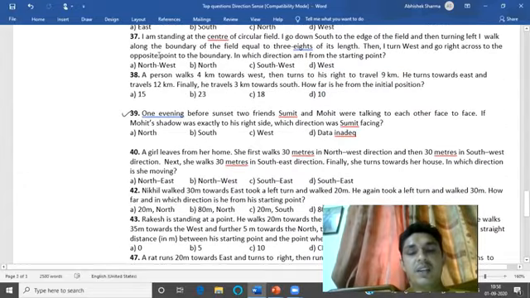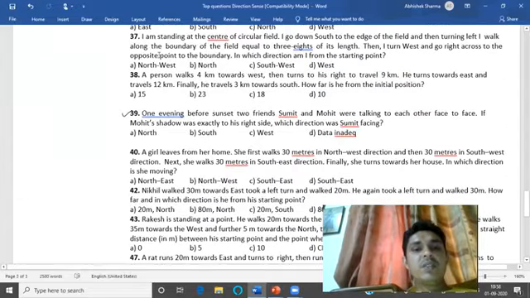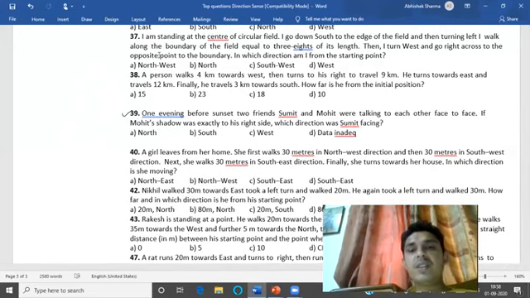Question number 39. Here the question is, on one evening before sunset, two friends Sumit and Mohit were talking to each other face to face. If Mohit's shadow was exactly to his right side, which direction was Sumit facing?